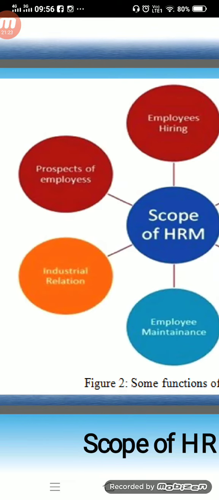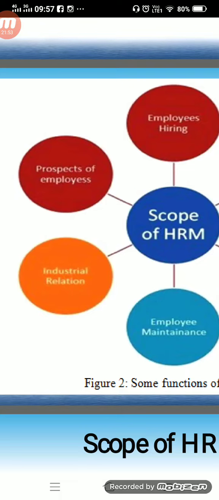For example, you can take the example of our college. Our college's relation with other colleges is good. So a particular department working in our college maintains the relation with other colleges, for example Bosamia college with other colleges, so that a particular image is created in the market for the organization. So this is the scope of HRM.